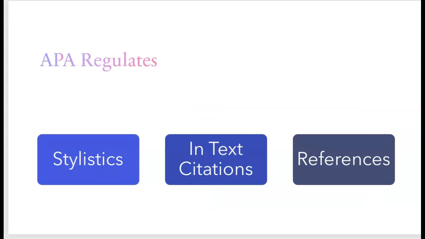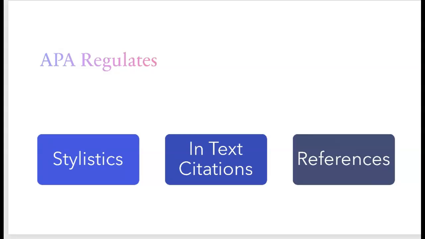Also, like MLA, APA regulates stylistics, which we'll talk about, in-text citations, and references. And if you think back to MLA format, references were categorized as works cited, but with APA, it's not a works cited page. It's always going to be a reference page, or a page of references.